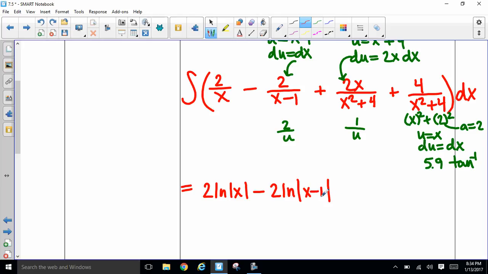This becomes plus just 1, because of the 1 on top, natural log absolute value, well, that u was x squared plus 4. And then this part, you had a 4 in front. The inverse tangent formula involves 1 over a, so 4 times a half. Then tangent inverse of u over a, so x over 2, and then plus c.